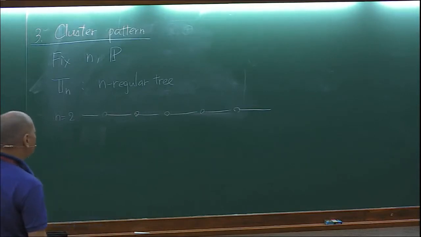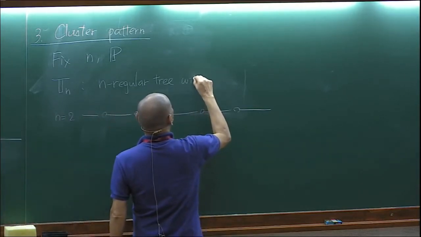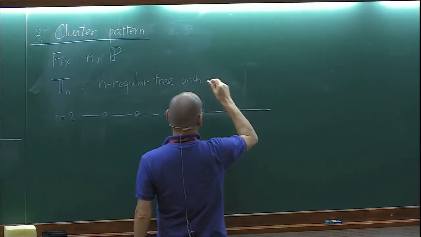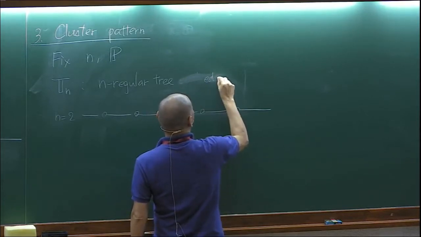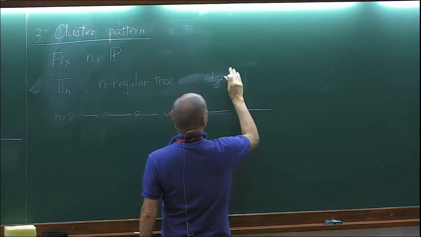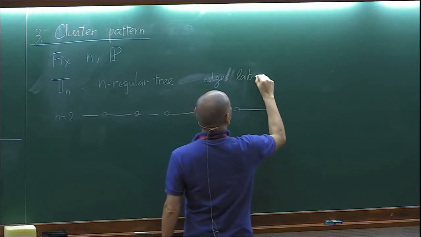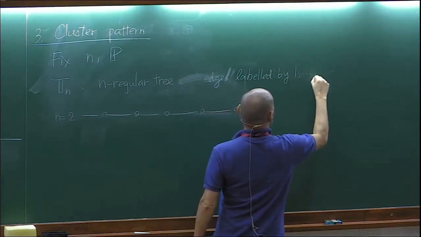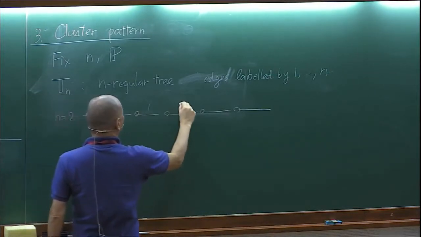So the n equals 2 case, and we put a label on the edges, such that edges are labeled by 1 to n, in such a way that 1, 2, 1, 2, 1, 2.